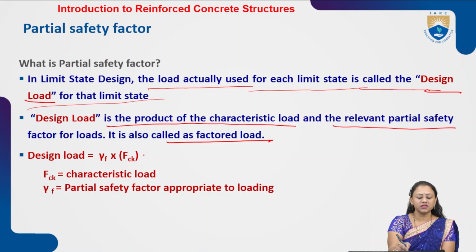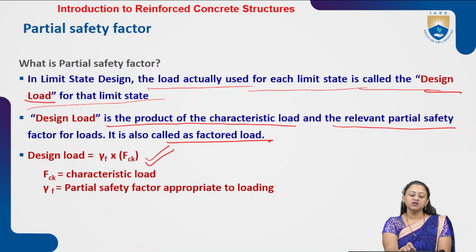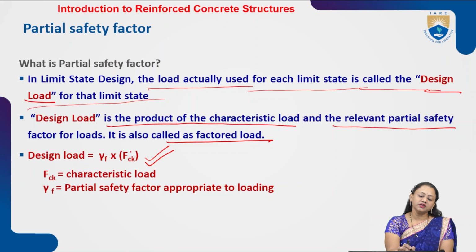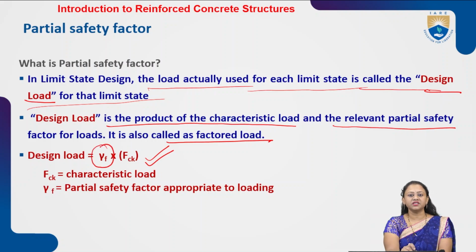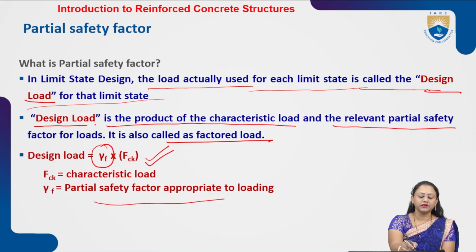If you look at this equation, gamma F is the partial safety factor appropriate for loading and FCK is the characteristic load. When you multiply the characteristic load with the partial factor of safety, gamma F, which is appropriate for loading, it is called the design load.